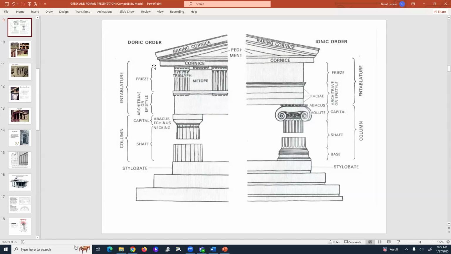So when we say order, classical order, we're talking about the column or the way that it was, because it was really organized, right?